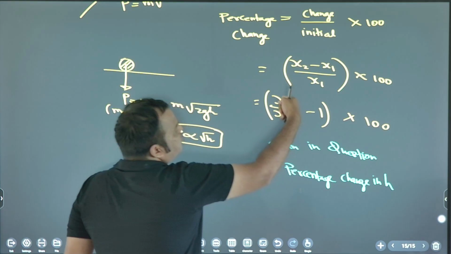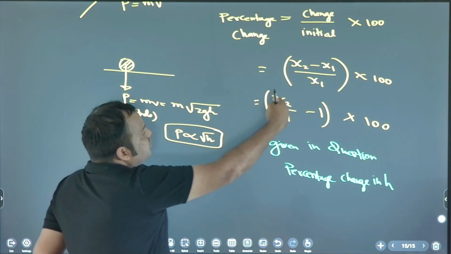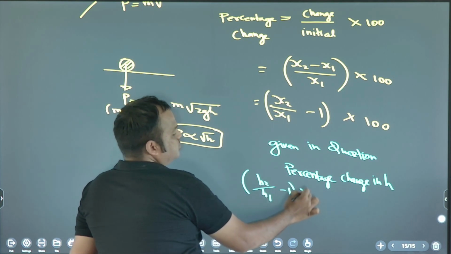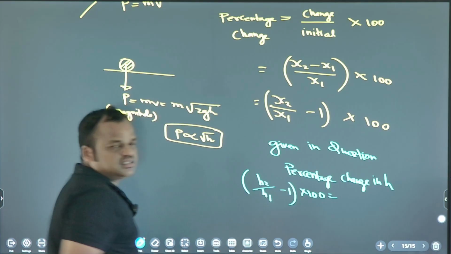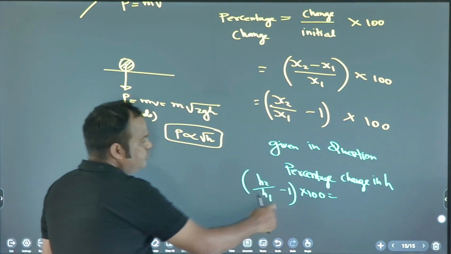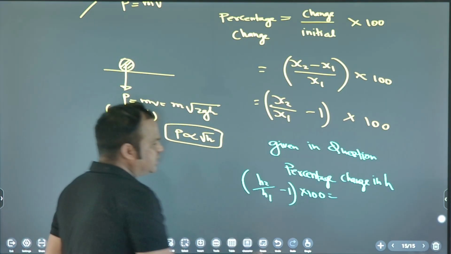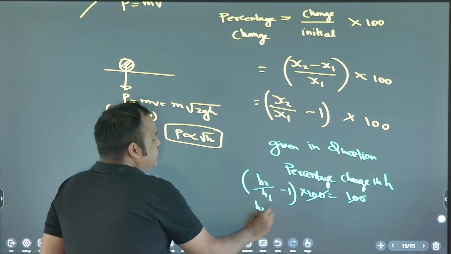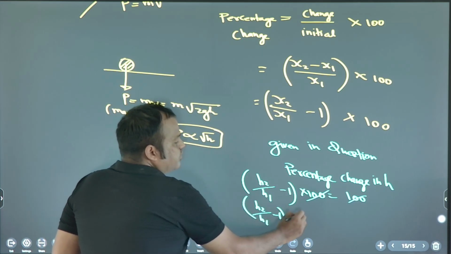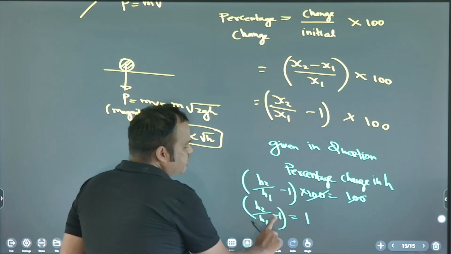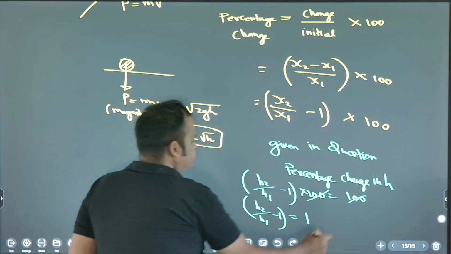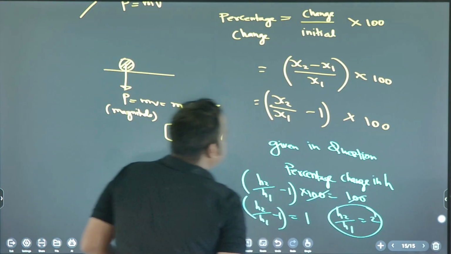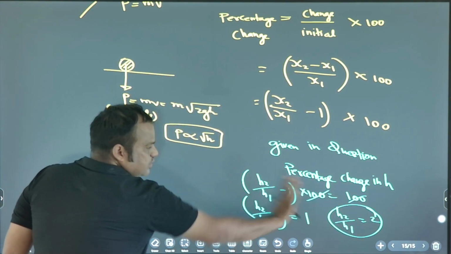So what is the formula for percentage change in height? h2 by h1 minus 1 into 100. How much is this given? 100%. Good. 100 cancels. So h2 by h1 minus 1 is equal to 1. Now minus 1 will go to the right side. So h2 by h1 is equal to 2. Clear?